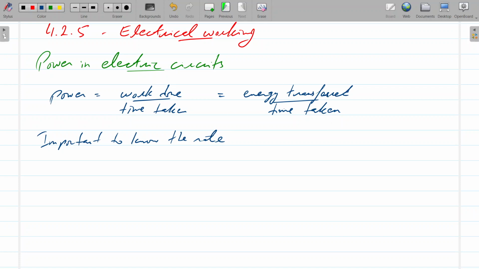So that gives us a rate, which is basically power. The rate at which electric current transfers energy from the source to the components.